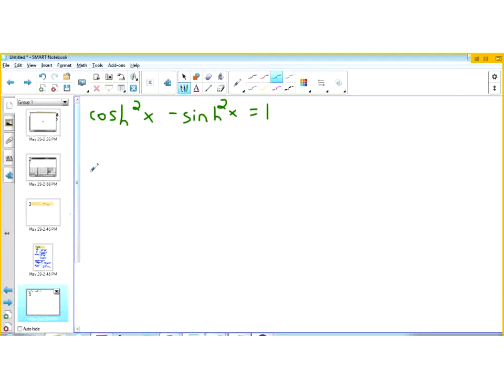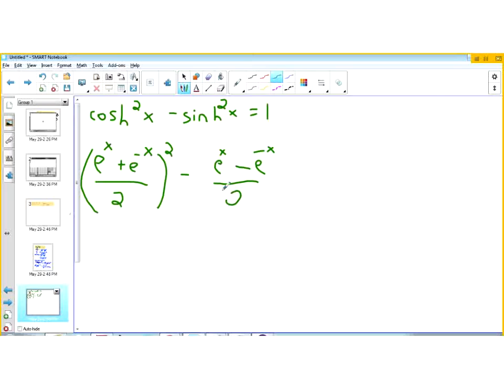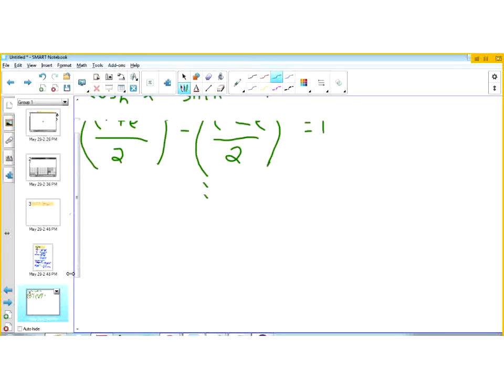Okay, so replace cosh squared with its definition, so that would be e to the x plus e to the minus x over 2, squared, minus the sinh squared, that would be e to the x minus e to the minus x over 2, quantity squared, and that's equal to 1.